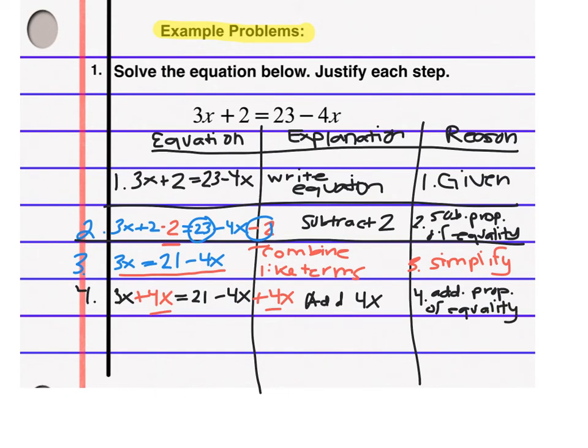All right, let's figure out what we have. So on the left, I have 7x. 3x plus 4x is 7x equals 21. So what did we do? We combined like terms and simplified. Okay, what's our last step in solving this equation here? We need to divide by 7.